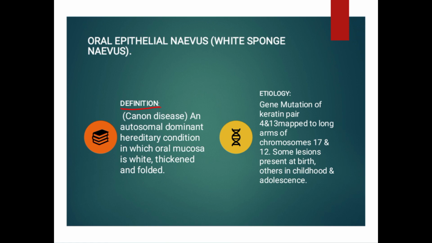By definition, it is also called Cannon disease. It is an autosomal dominant, gene-related hereditary condition in which the oral mucosa is white, thickened, and folded. Very important. There is a gene mutation of the keratin pair, keratin 4 and 13, that is mapped on chromosomes 17 and 12.